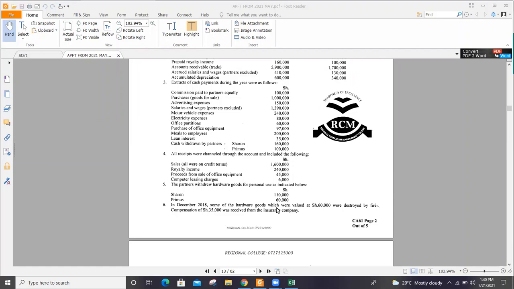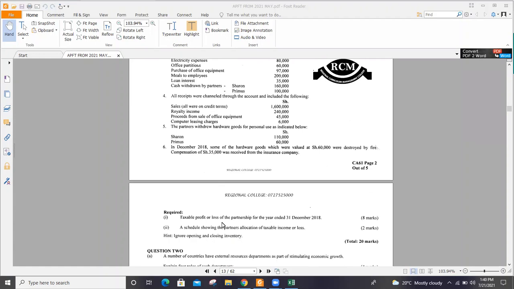Insurance compensation on stock is taxable income. That's an insurance compensation on a revenue item. Stock is a revenue item.